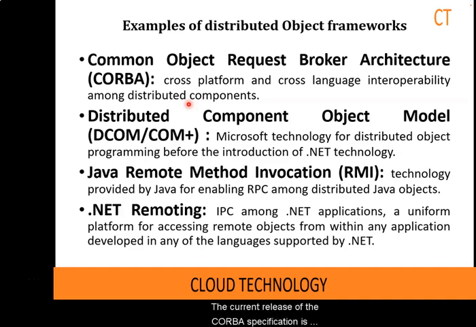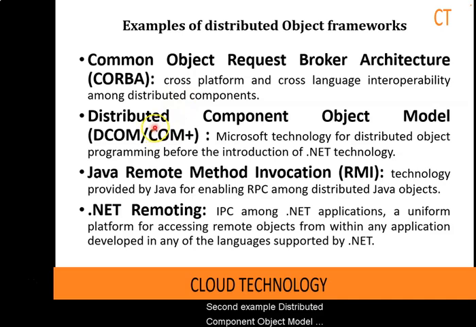The current release of the CORBA specification is version 3.0, and currently the technology is not very popular, mostly because the development phase is a considerably complex task, and interoperability among the components developed in different languages has never reached the proposed level of transparency.